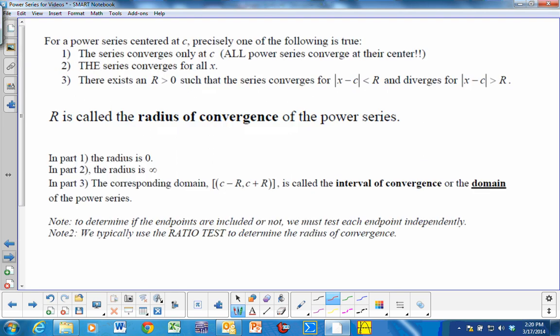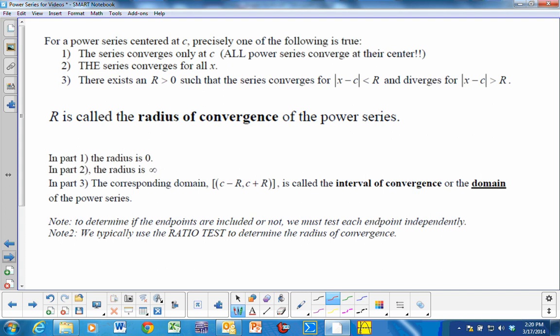So as far as converging, here are the possibilities. The series could converge only at c. Now every power series converges at its center because that's how we generate the power series. If you'll remember the way we did that for the Taylor and Maclaurin, we made sure that the function, the first derivative, second derivative, third derivative, and so on all have the same values at c, whatever the center was.